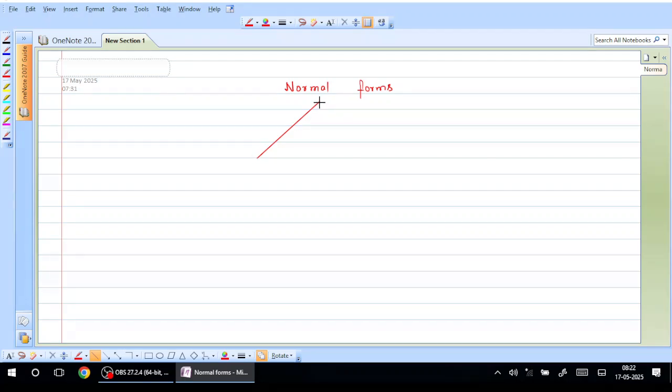The first one we will call disjunctive normal form, and the second one is conjunctive normal form.